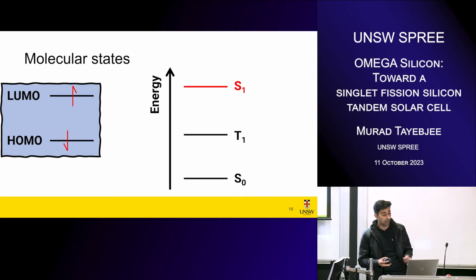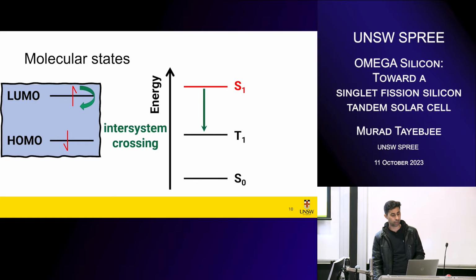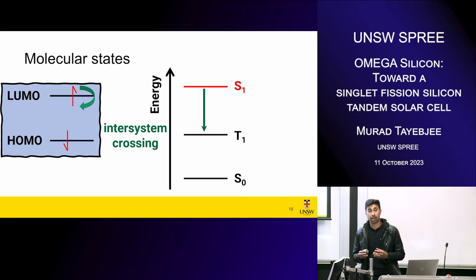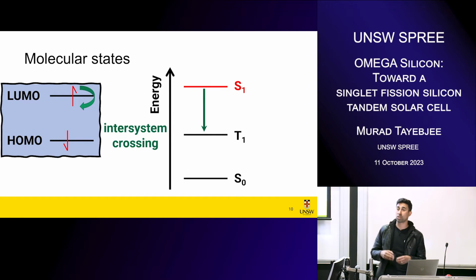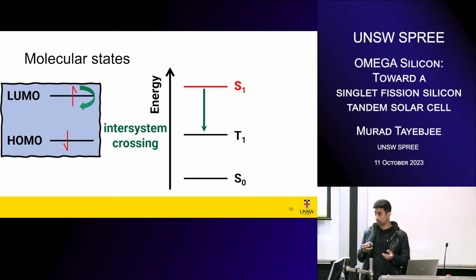We can get from a singlet state, the S1, to a lower energy triplet state via a process called intersystem crossing, and that involves exactly the same molecular orbitals, but you're just flipping the spin. Now in the molecules that we talk about, this is what's called a spin forbidden process. All right, so there isn't a lot of spin orbit coupling. You don't get from the singlet state to the triplet state very quickly. It's a spin forbidden process.